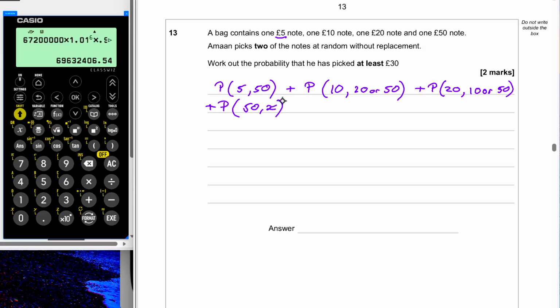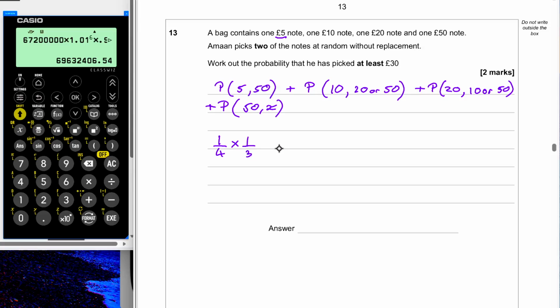Right, so the probability of picking a 50 first. There are 4 notes: 1, 2, 3, 4 notes. So the first one is going to be 1/4 times 1/4. No, not a quarter the second time because we've only got 3 left.